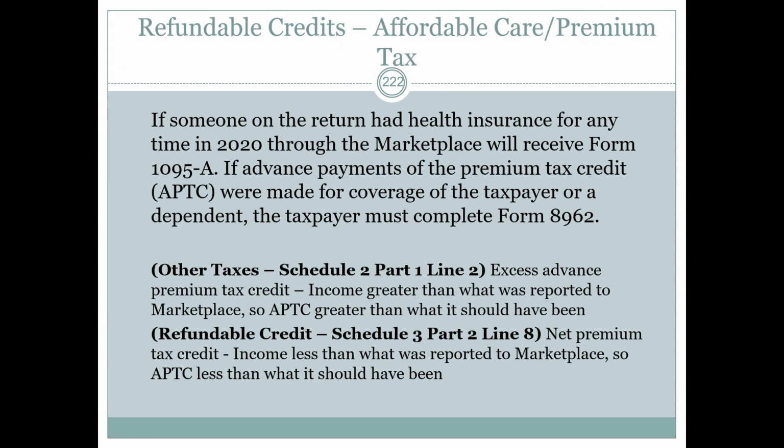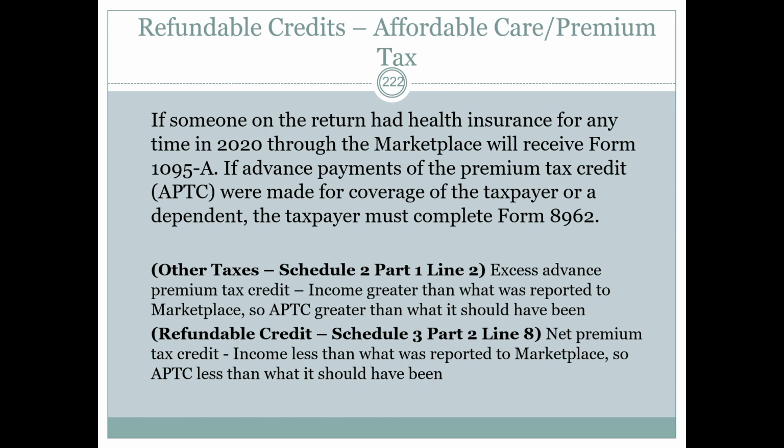Under other taxes, Schedule 2, Part 1, Line 2 covers the excess advance premium tax credit. If the income is greater than what was reported to the marketplace, so the APTC was greater than what it should have been, then that's going to result in additional taxes.